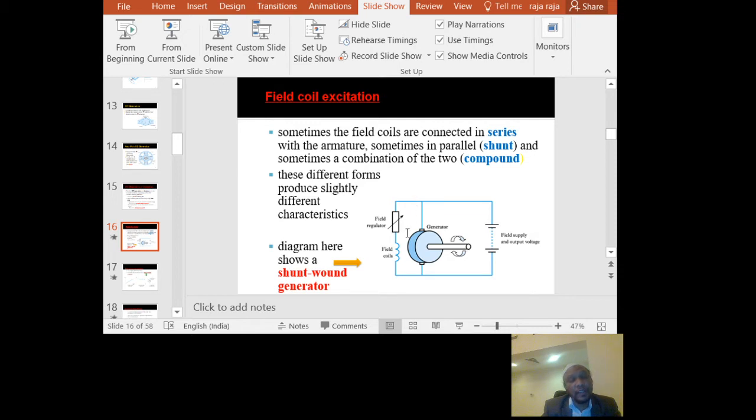If the two coils are connected in the circuit, this type of machine is called a compound machine. So we have series, shunt and compound machines. The given figure is only for showing a shunt wound generator, where you can see the field coils are connected in parallel with the armature winding.